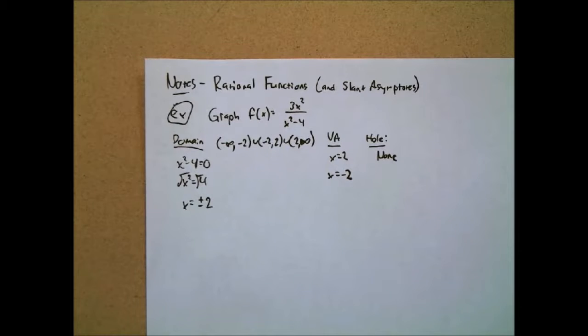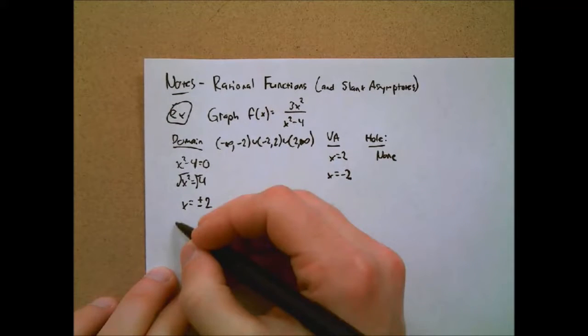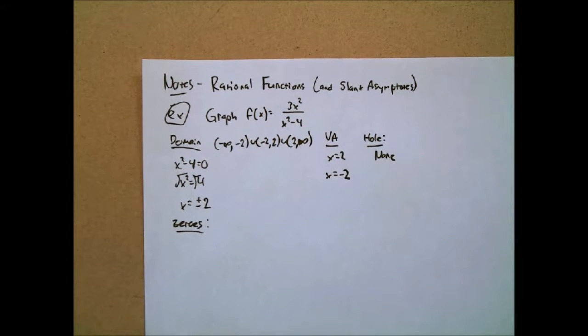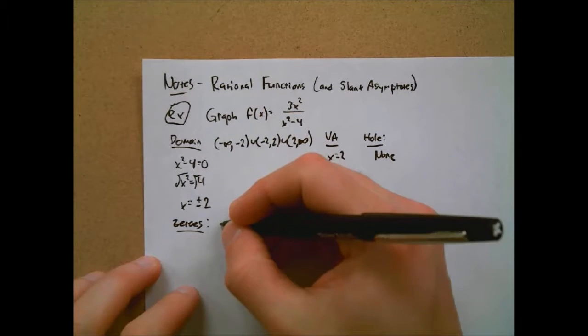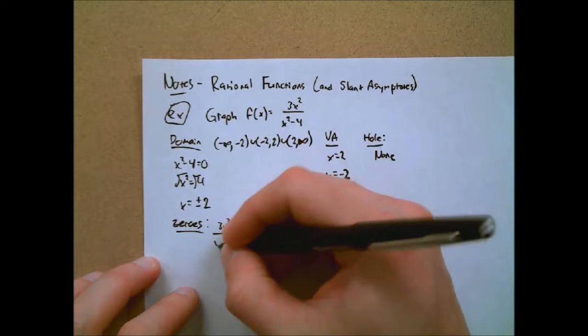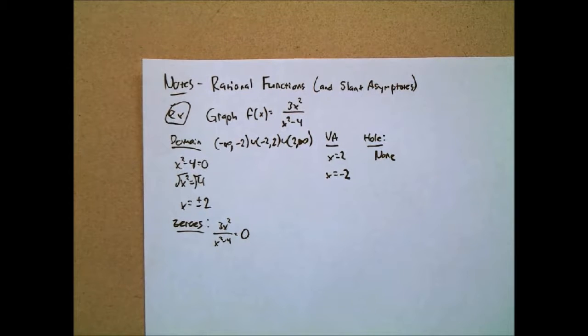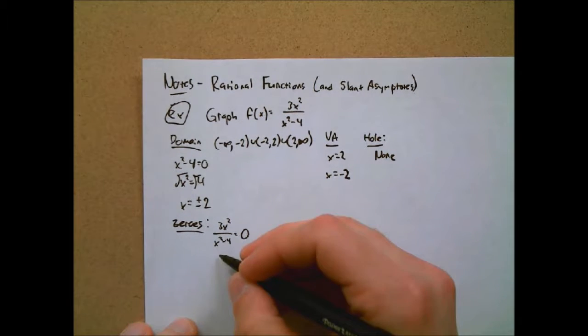Now look for zeros. How do we find zeros for a function? Set it equal to 0. In this case we have a fraction, and a fraction only equals 0 when the numerator equals 0.